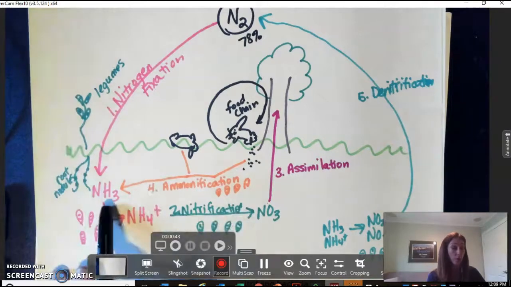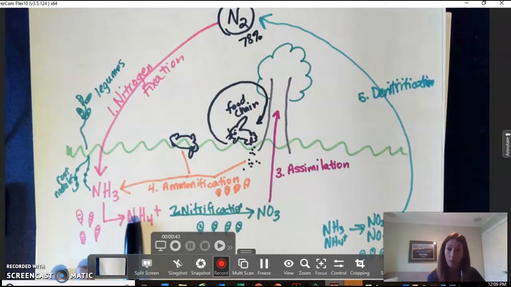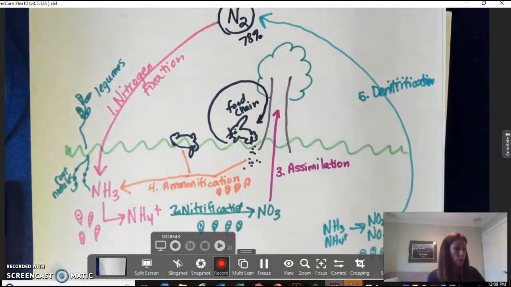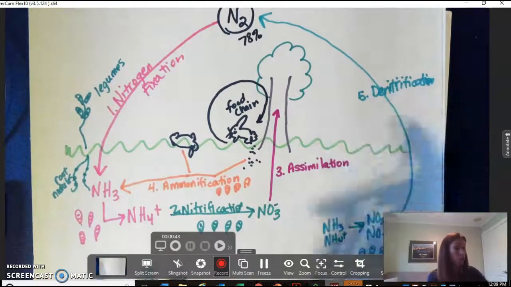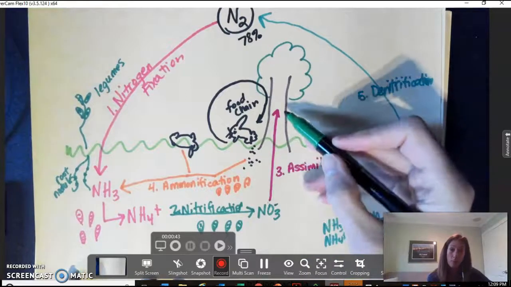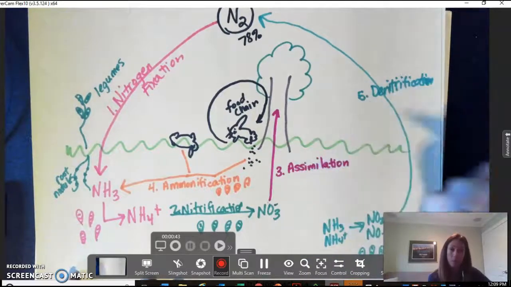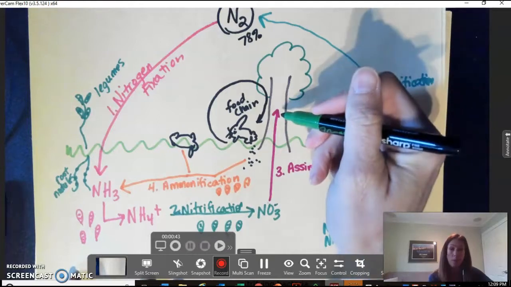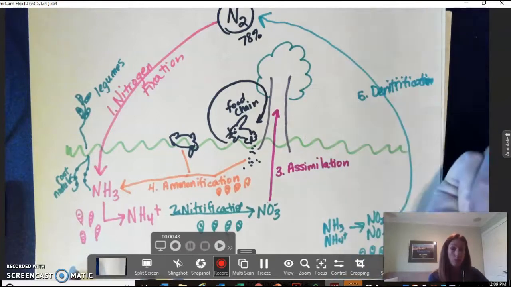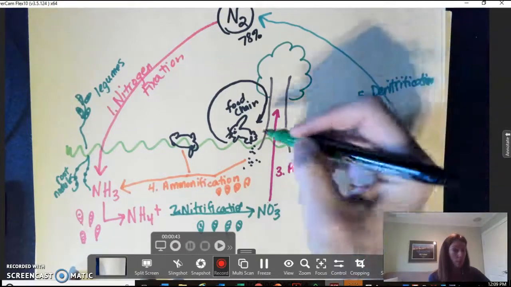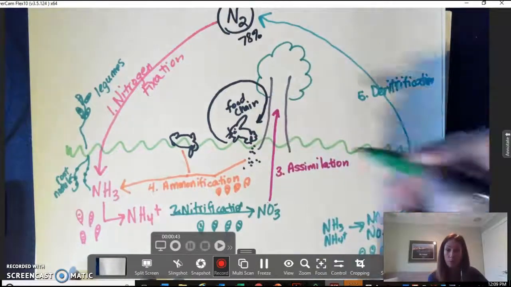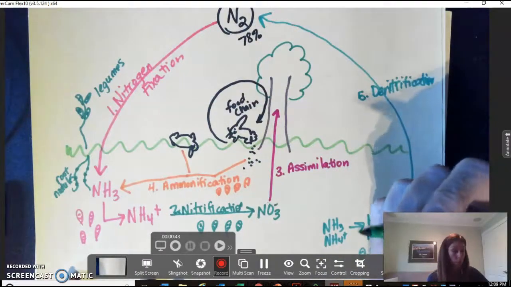So the ammonia will pick up that free hydrogen ion. Free bacteria in the soils will put it through another conversion to nitrites and then to nitrates. Those nitrates can be taken up by plants through the process of assimilation. Once we get into plants, that's our ticket into the food chain, into all living things. So it starts with our herbivores, works our way up through the food chain.